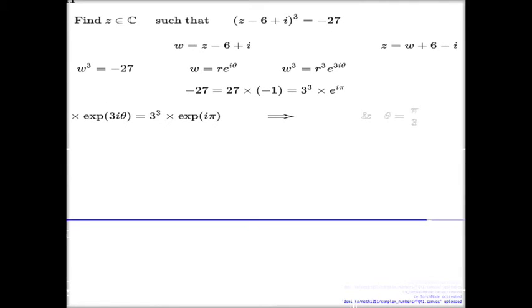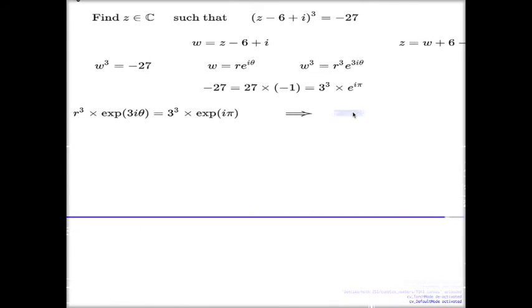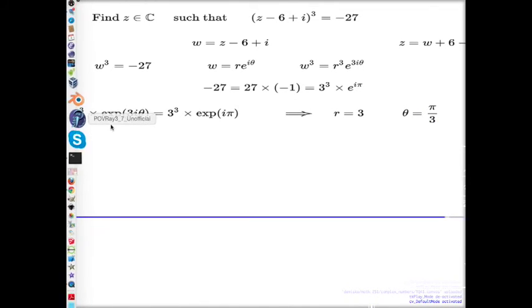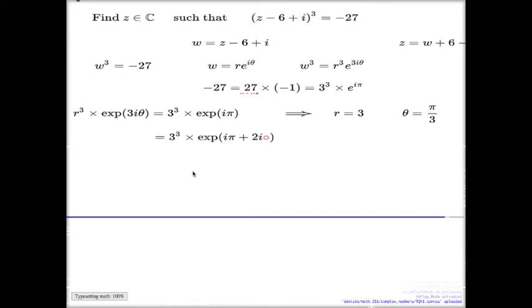So when I solve the first one, r is 3 and theta is pi over 3, right? If I equate the modulus here to the modulus there, the argument 3 theta equals pi is one of the solutions. Like I said, because your argument is not unique, for -27 you can also come up with an alternative representation.